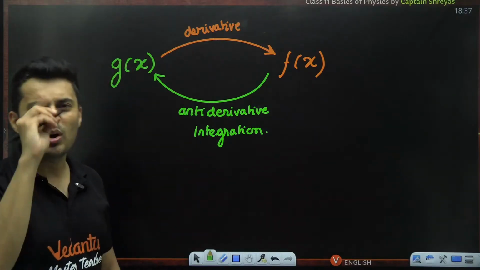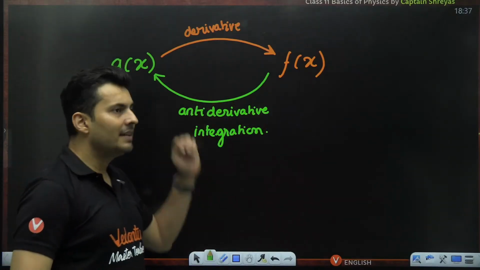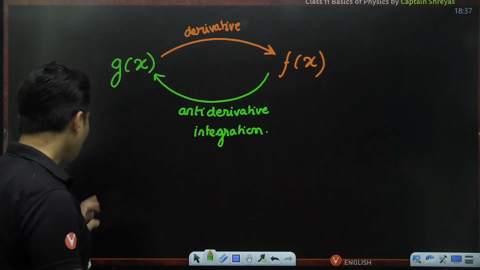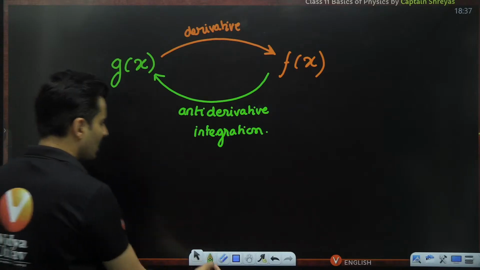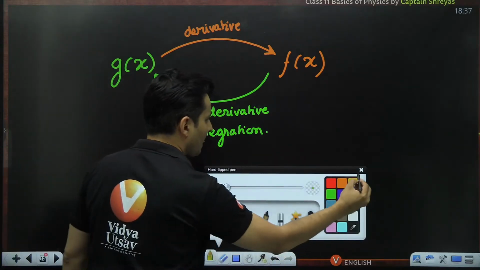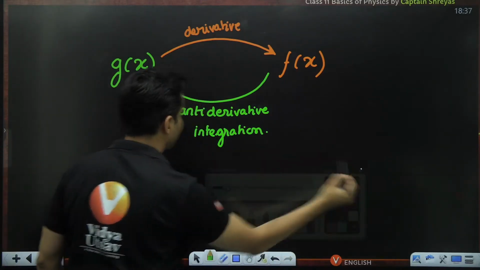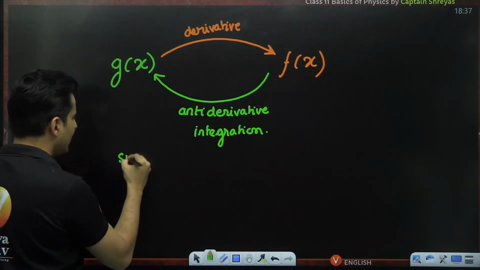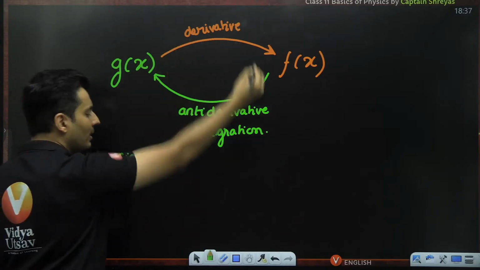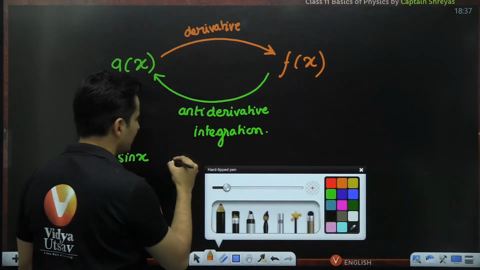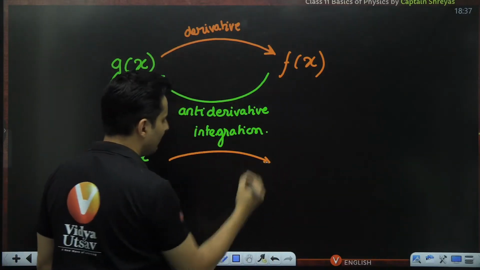But there is one problem when I find the antiderivative, and let me show it to you with a live example. Say I give you some function like this. Say sine of x. Sine of x is g of x. What will be the derivative of it?